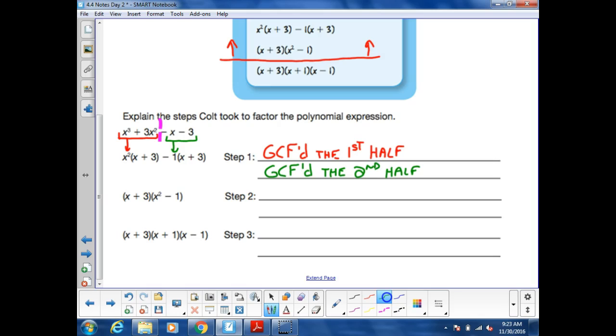What did he do in step number 2? Step 1, he GCF'd the left half and GCF'd the right half. What did he do in step number 2?